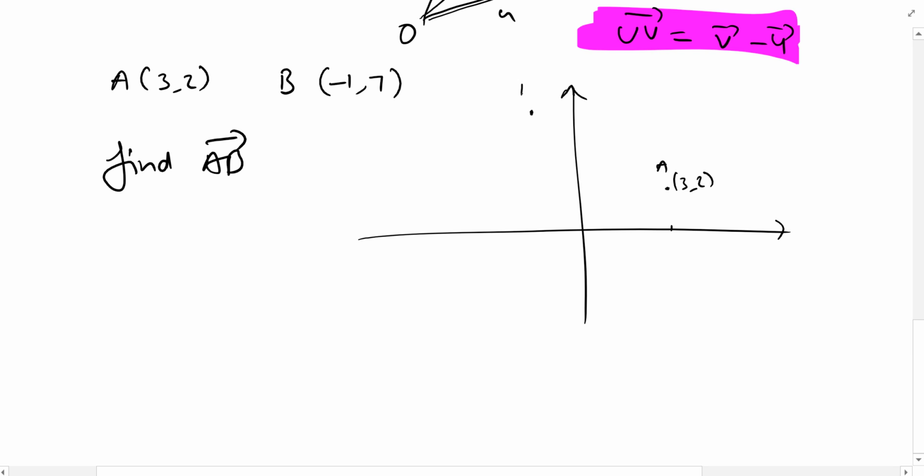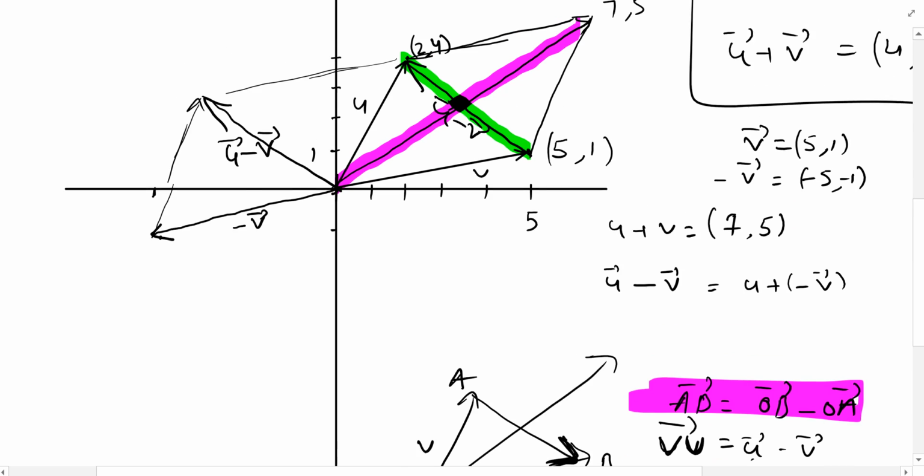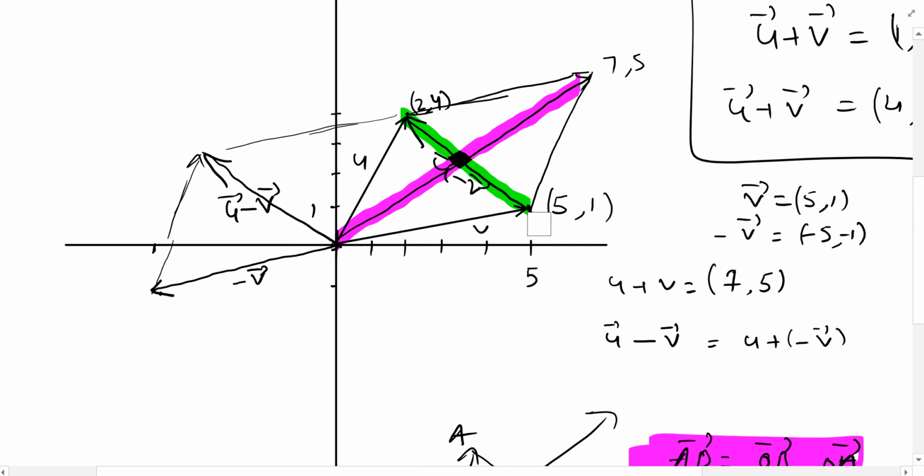That is A, this is B, and you have to find AB, from A towards B. We already know that we're going towards B, so as we learned in this example, if you want to go towards U from V, you do U minus V, because the negative of V is that, and U minus V means U plus minus V. So you add U and the minus V, which is that. So U minus V is going towards U.